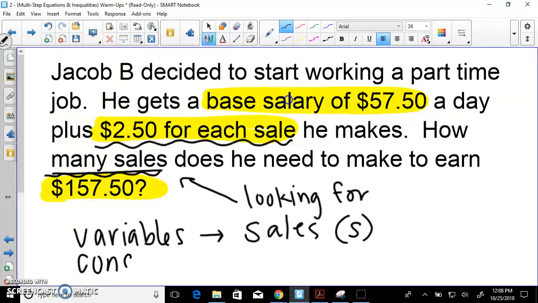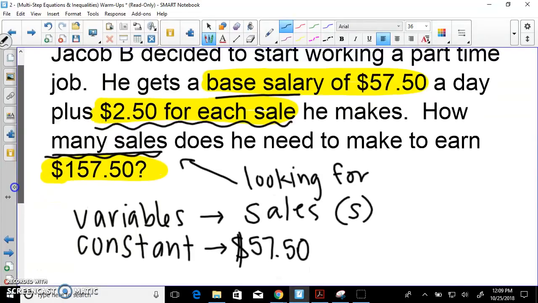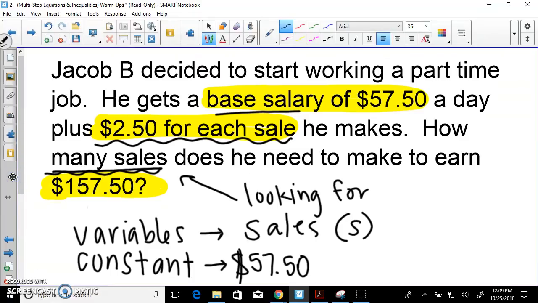What is constant? What remains the same? While his number of sales changes, something stays the same. He has a base salary of $57.50. That does not change, so that's going to be a constant. If our variable is S for sales, what could we put with that variable?